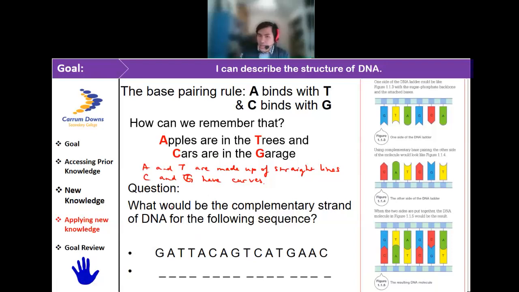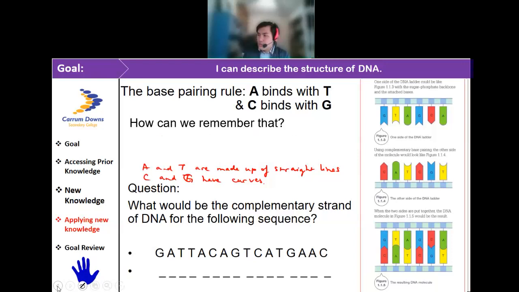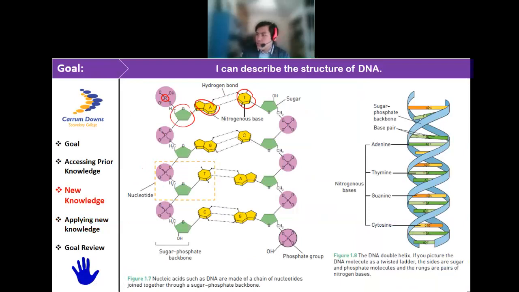Using that, we're going to try and find the complementary strand of DNA for the following sequence. What it means by the complementary strand, if we go back to this slide here, you can see that we've got two strands of DNA going side by side.